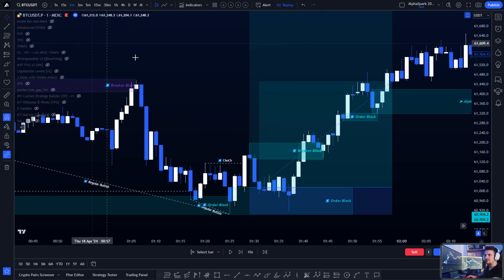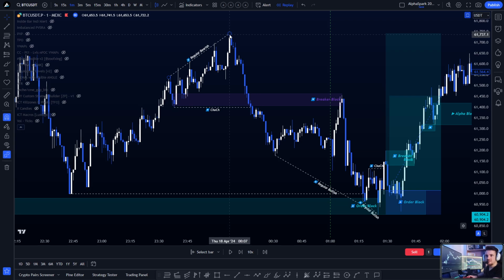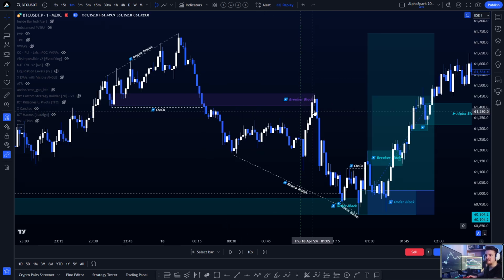Our target was this because it seemed like the easiest target to take, in the sense that if Tokyo just retraced to this breaker block, first of all, this breaker block is mitigated, so that's not a high probability move, right?